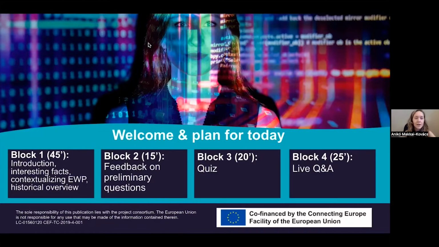And as you could already read, today we would like to provide a little training and support for those that just started to work with the Erasmus Plus or work as an international officer at the university and started to familiarize themselves with EWP.